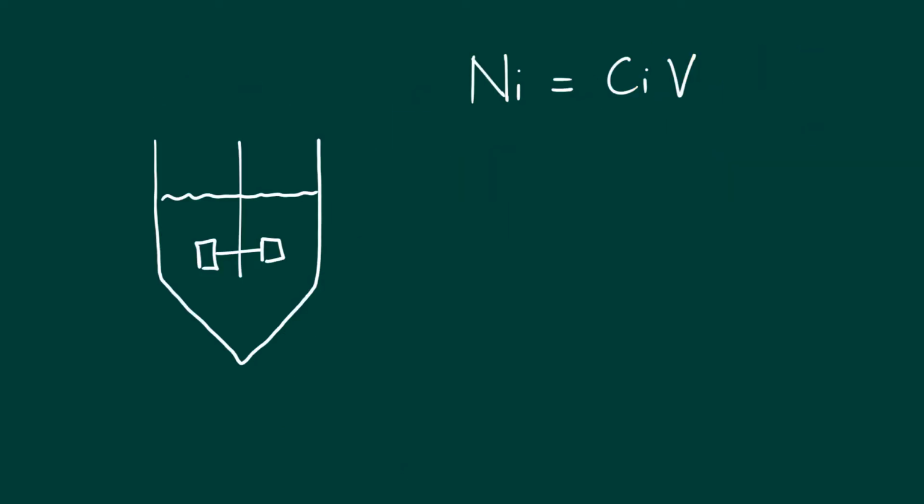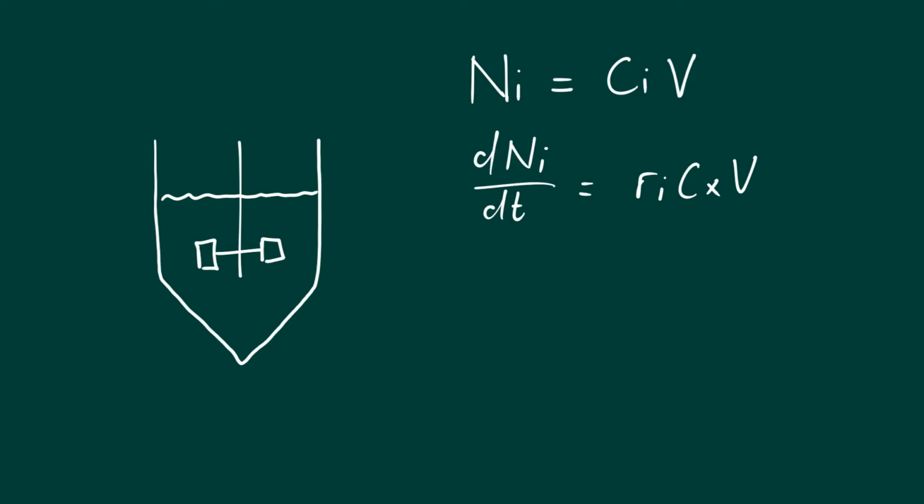So if we look at what we've done up to now, we've only looked at batch fermentation. Now batch fermentation, you will remember we had the molar balance given by that equation, and it is in your notes.